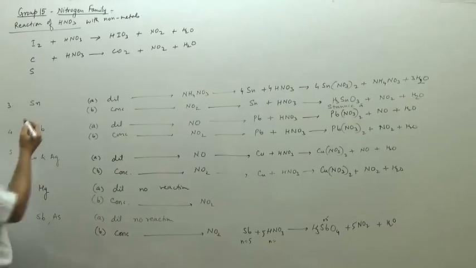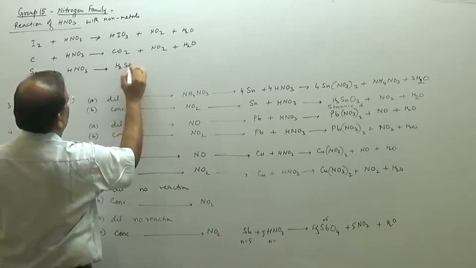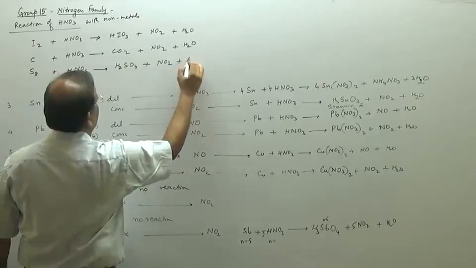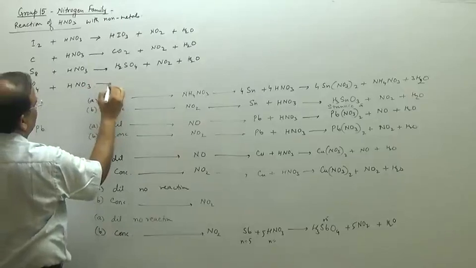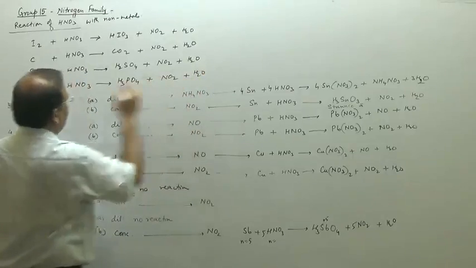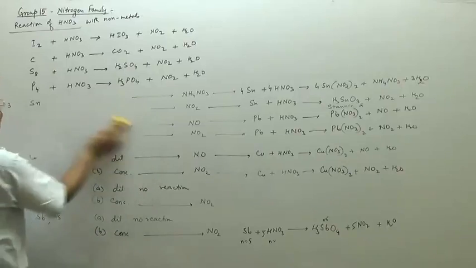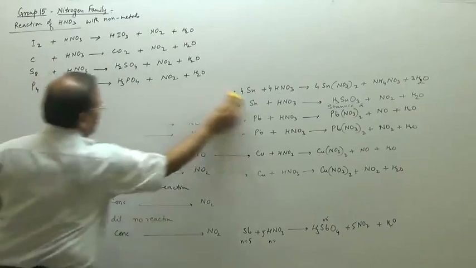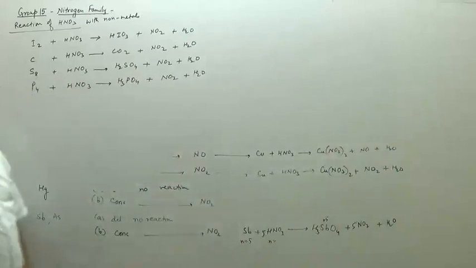Then with sulfur, that is S8, with HNO3 it will be H2SO4 plus NO2 plus H2O. And with phosphorus, HNO3 will give us H3PO4 plus NO2 plus H2O. We can balance the reaction by the oxidation number method. In all these cases, what I have written is concentrated nitric acid.